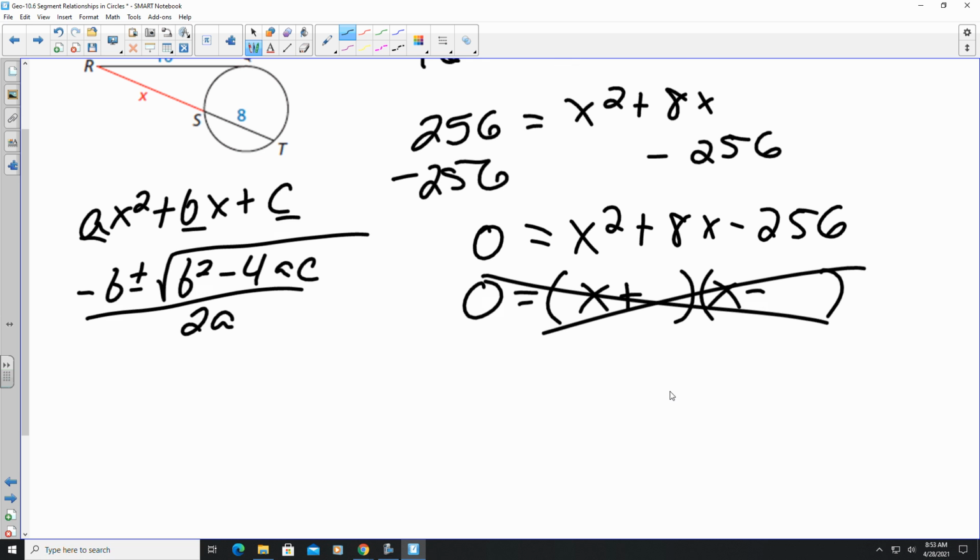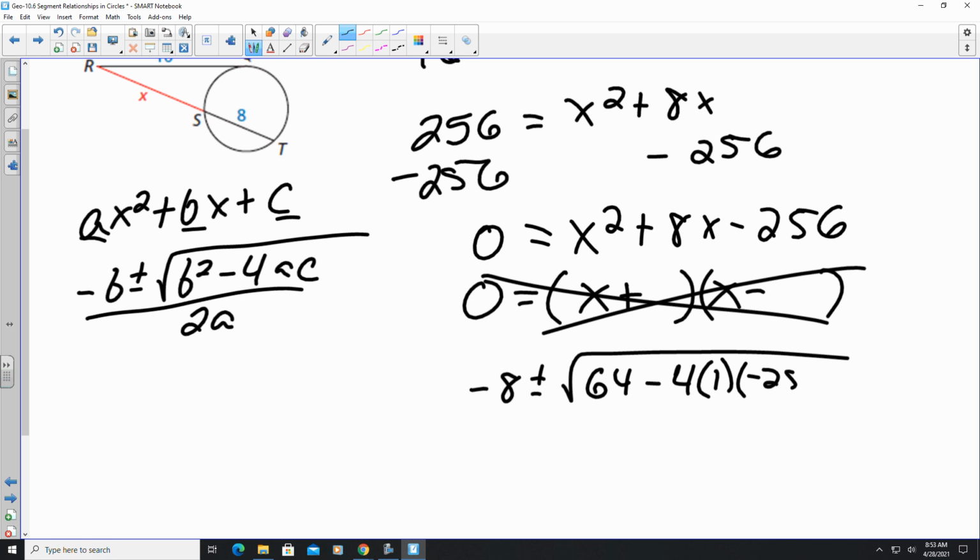So in this particular example, b is 8, so it's going to be negative 8 plus or minus the square root of b squared, which in this case is 64, minus 4 times a, which is 1, and c, which is negative 256, and it's all divided by 2 times 1, which is 2.